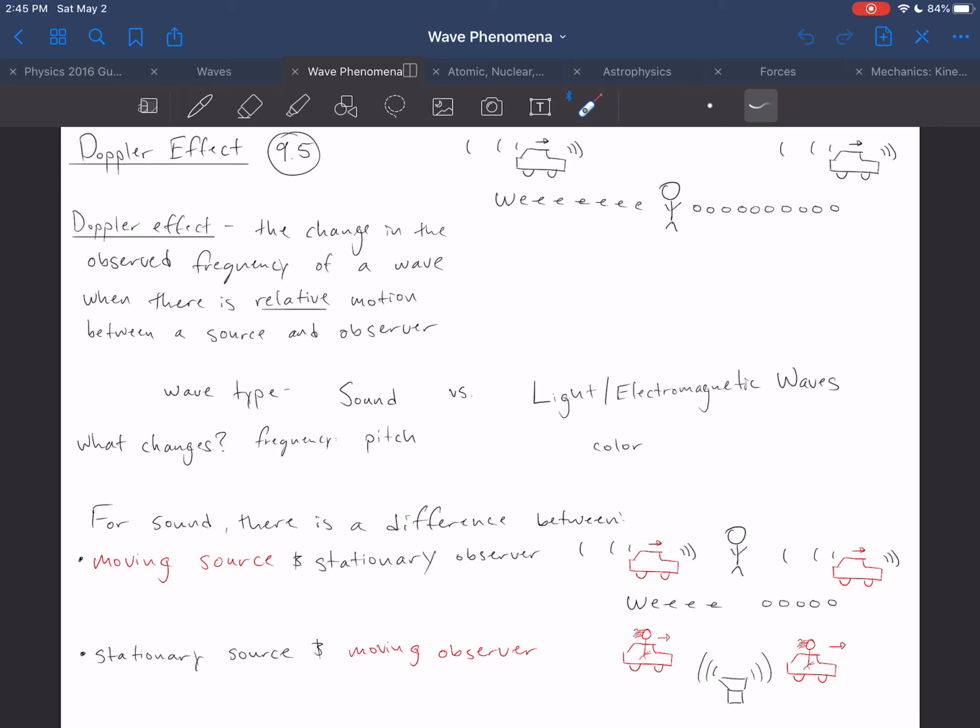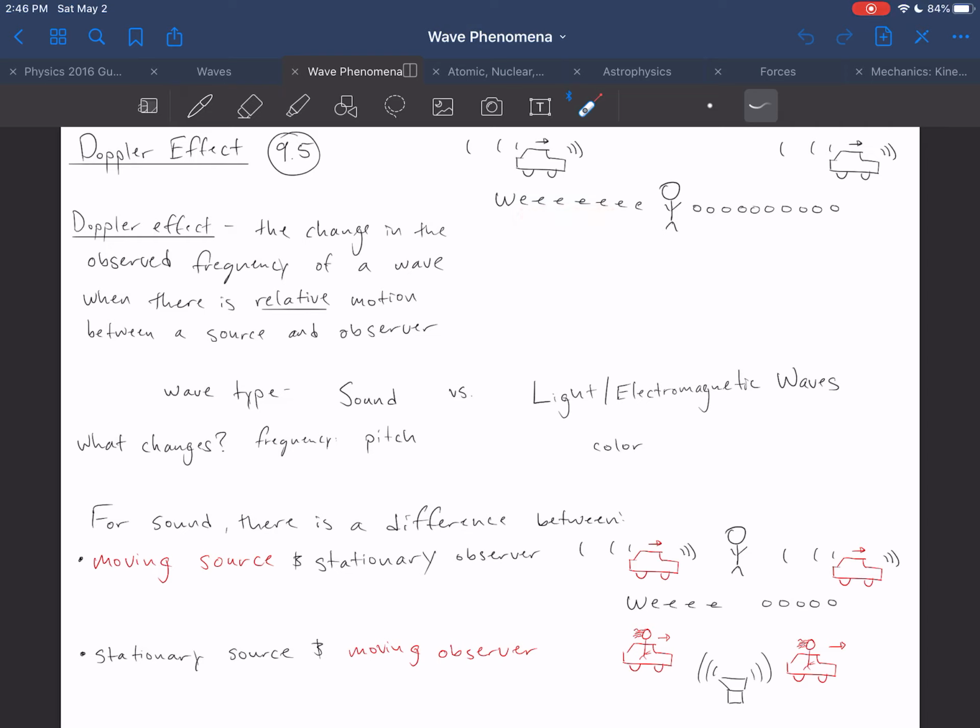So, the Doppler effect is an effect that most people are familiar with, although they may not know the name. This is the effect that occurs when you hear a car or any kind of object, sometimes a train gives the same effect. When it's coming towards you, it makes a certain sound, a certain pitch.